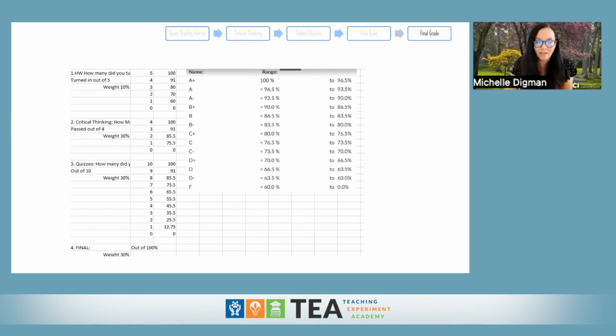So I decided that this is the best way for me to do it. It's just numerical. So I transferred the homework assignments into some numerical scoring based on the Canvas scoring scale. Critical thinking, I did the same, and the quizzes, I did the same. And of course, the final is already numerical. So then weighting all of these numerical scores, I was able to come up with the final grade for the students.